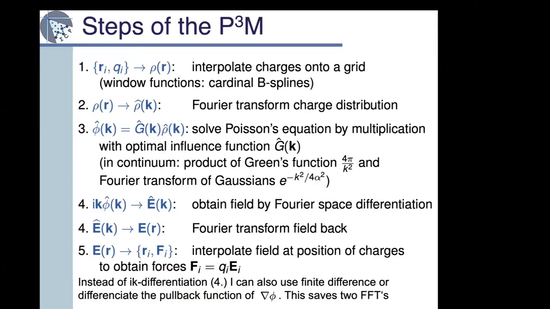Now, I walk you very fast through the steps of the P3M. So the idea is you solve Poisson's equation here on a grid. The key thing, which will become key later, is that you solve Poisson's equation by multiplication with what's called the optimal influence function. That's basically the lattice version of the continuum Green's function, and it will be constructed in such a way that you actually minimize lattice artifacts.